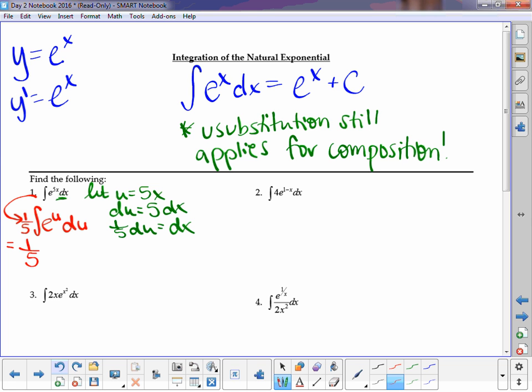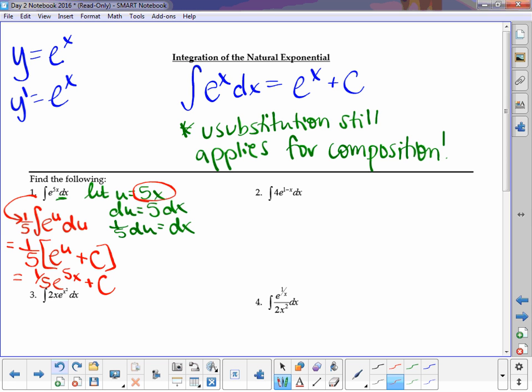What's the antiderivative of e to the u? e to the u, just e to the u. We don't have to do anything with our power there. So just e to the u plus c. And we need to make sure for indefinite integrals that we plug our u back in here. So we would have 1/5 e to the 5x plus c.